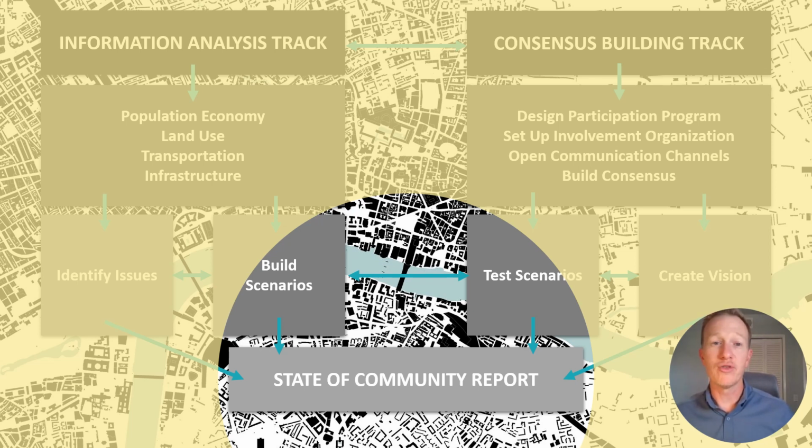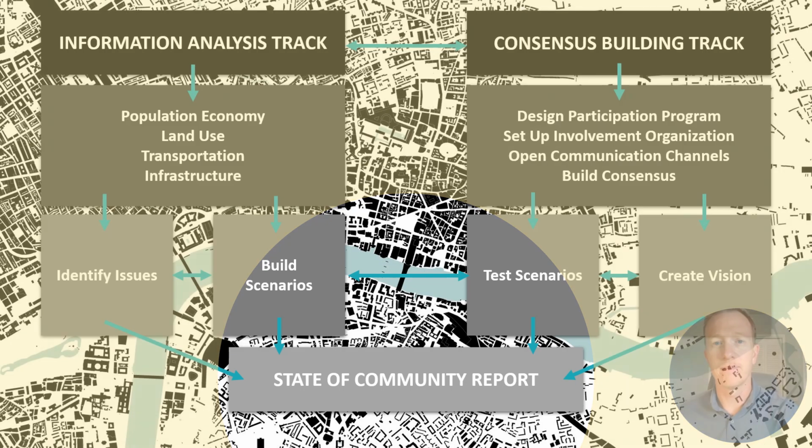There may be people who aren't involved early on in the process, but you want people who get involved later to be able to pick up this document and very quickly understand key information about what's happening in the city and what the values are in the community.